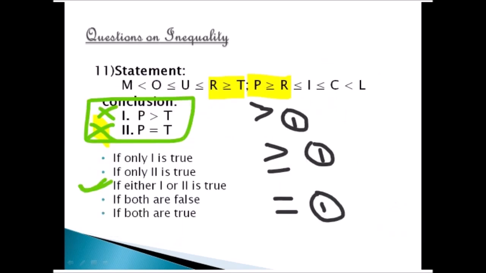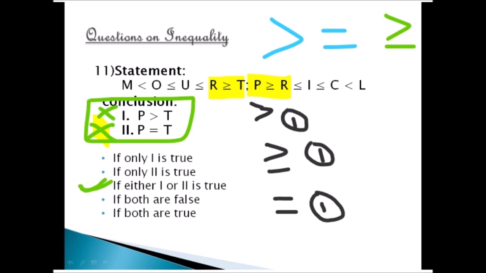Like here, my conclusion first was false, and my conclusion second was also false. But in conclusion first, the symbol was greater than, and in conclusion second, the symbol was equals to. So if I combine both these symbols, I will get greater than and equals to.